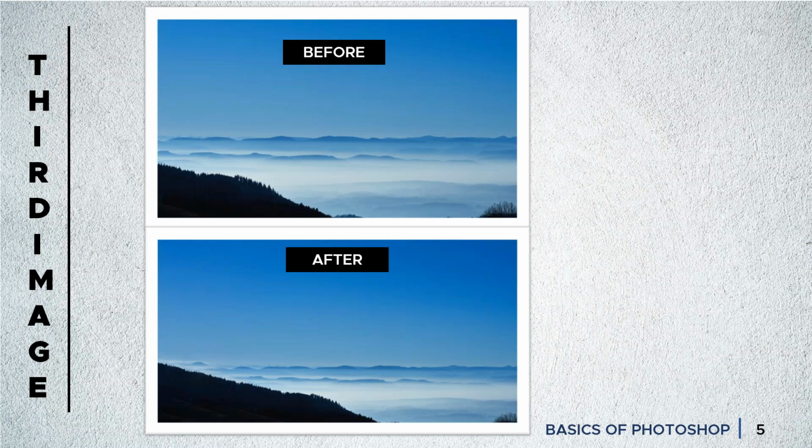Yes, this is the third image. It was not satisfying the rule of thirds before. So to make it fit the rule of thirds, I've tried to elongate and expand the photo.